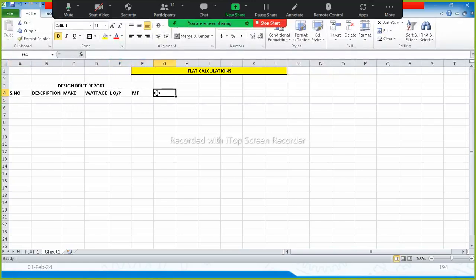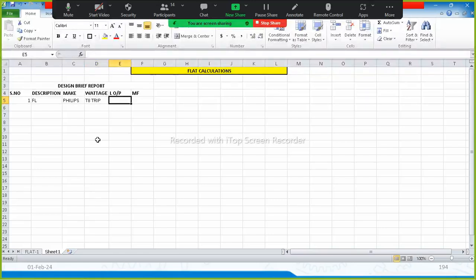So first is serial number 1. Description, I'm going with FL. Whether you want to take LED and all, I'll share the catalog of LED and all. You can take that. I'm just taking an FL, which we had already taken. What does it make? We have taken Philips T8 triphosphor. So the model which we have taken is T8 triphosphor.